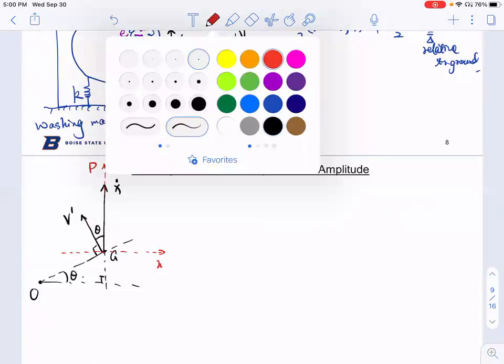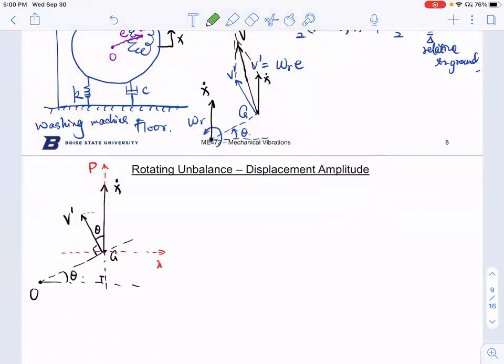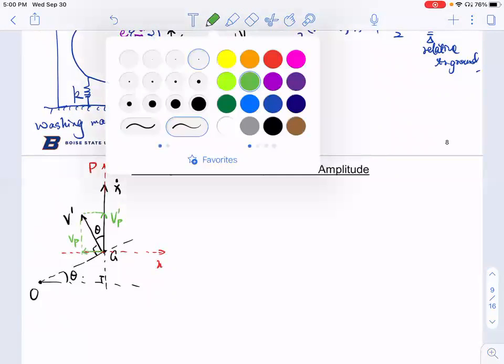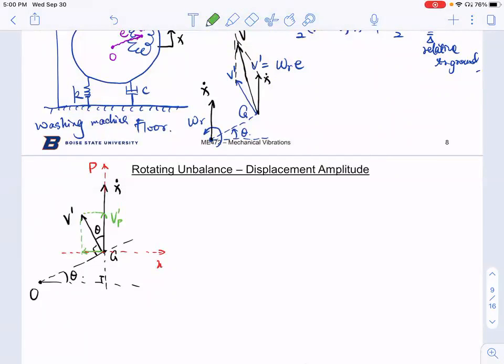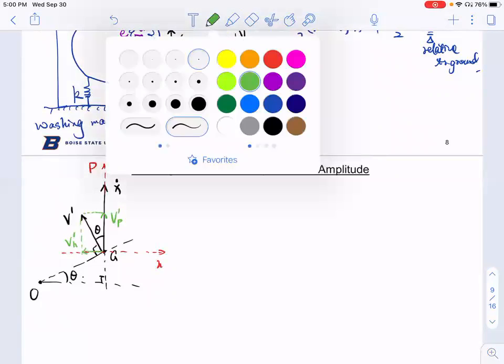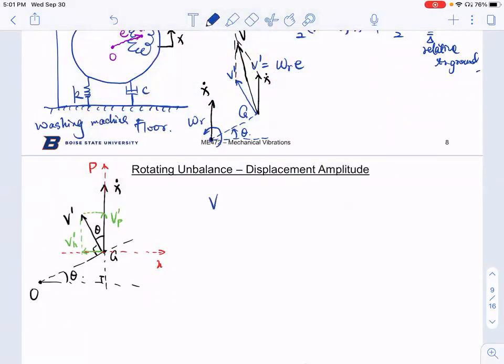Okay, so what you need to do is a projection of your v prime. There's your v prime along the perpendicular direction, and that's your v prime along the horizontal direction. So in order to calculate the total v squared, it's just (Vp prime plus x dot) squared plus Vh prime squared.